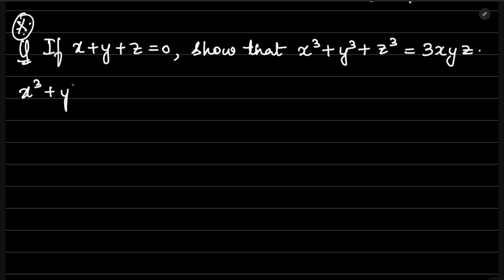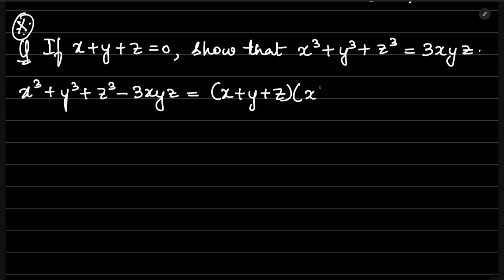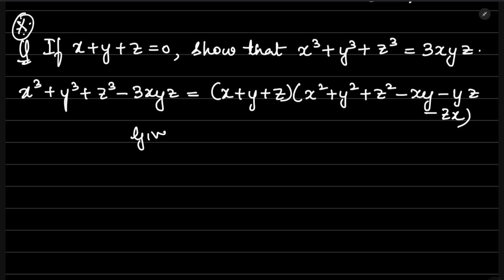x cube plus y cube plus z cube minus 3xyz is equal to (x plus y plus z) multiplied by (x square plus y square plus z square minus xy minus yz minus zx). But we are already given that x plus y plus z equal to 0.